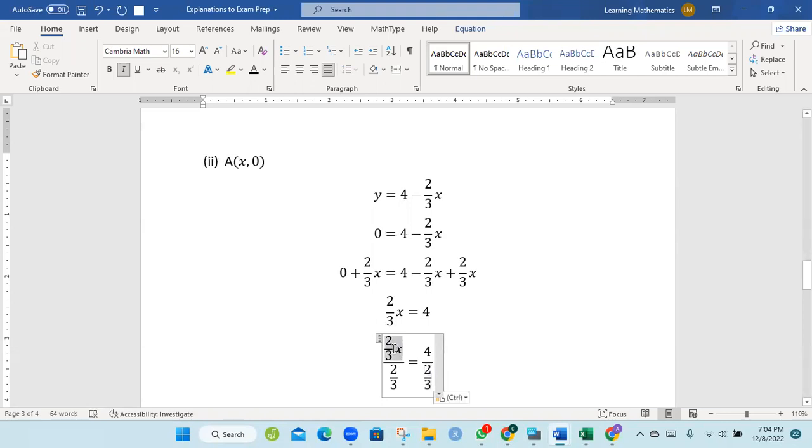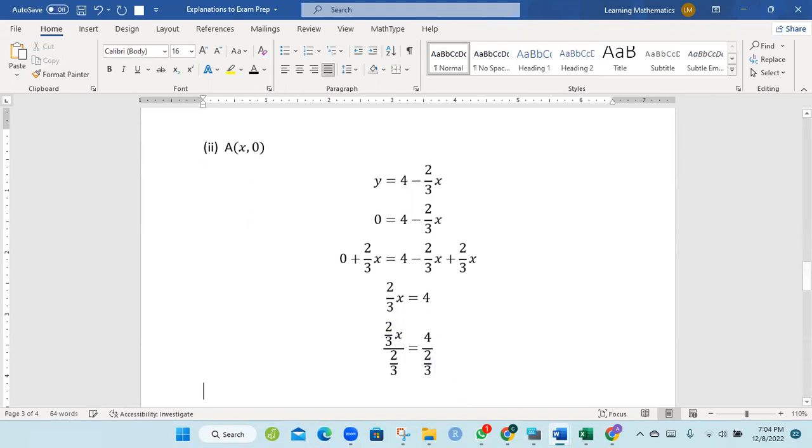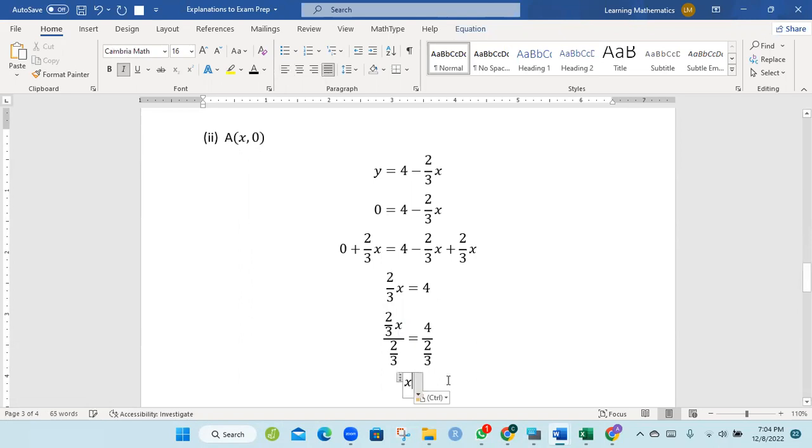So 2/3 cancels out from the left, and we are left with 4 divided by 2/3. 4 divided by 2/3 is the same as multiplying by 3 and dividing by 2. You keep, change and flip.